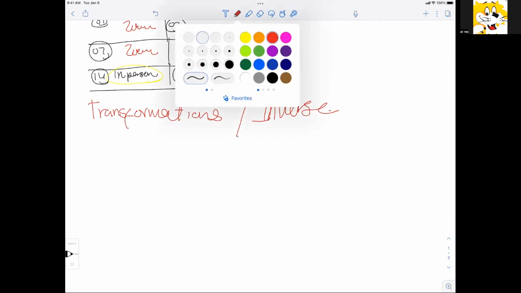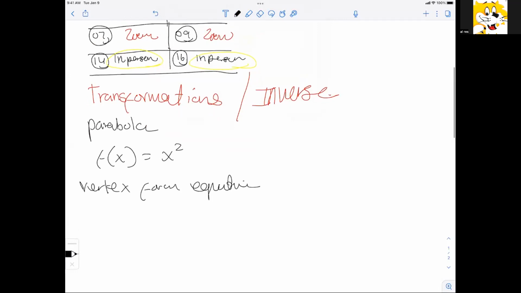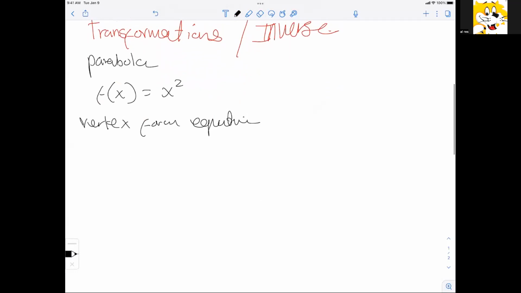So last time we spoke about transformations for a parabola, and we said that a function f of x is equal to x squared, whereby if we use the vertex form of the equation, the vertex form of the equation gives us transformations for this parabola.